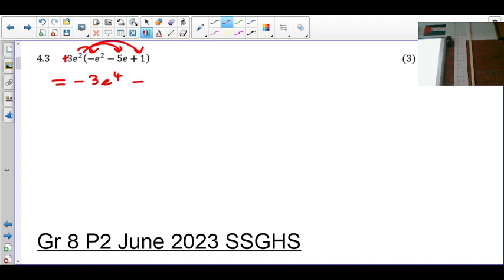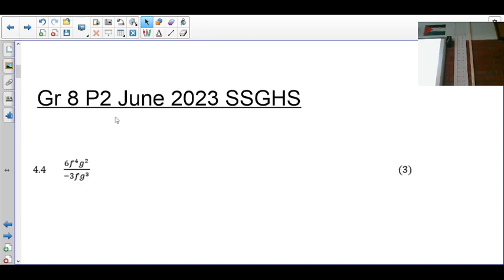Positive times negative is negative, 3 times 5 is 15, e squared times e is e cubed. 3e squared times positive 1 is positive 3e squared. Some multiply the first 2 and for the last one they just write plus 1. Remember that 3e squared, the monomial outside the bracket, must be distributed throughout the bracket.